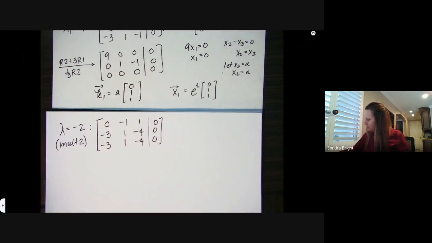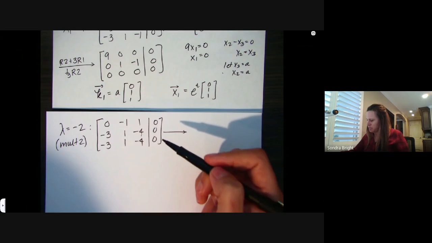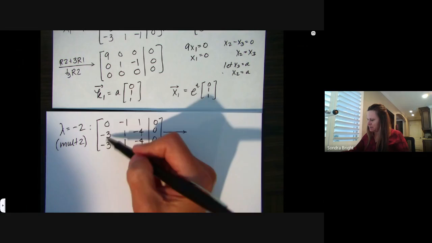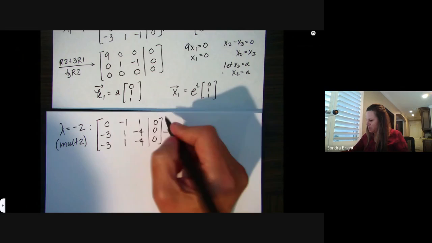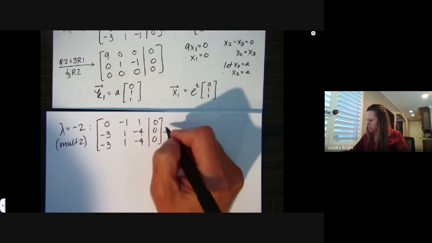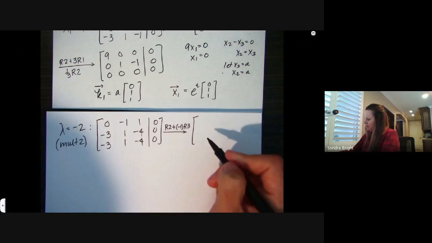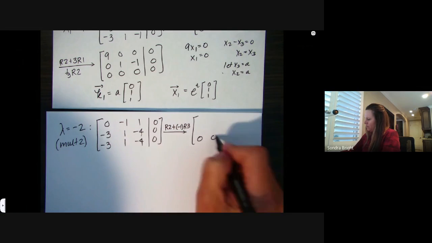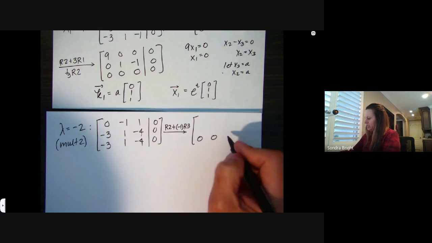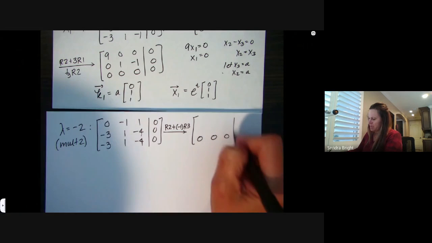Okay, so what am I going to do? Let's get rid of this 0 here. I'm going to go row 2 plus a -1 times row 3. That'll give me a -3 plus 3, 1 minus 1, -4 plus a minus a -4, so 0, 0.